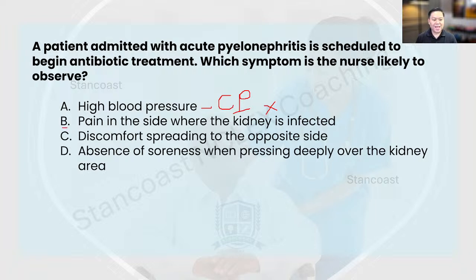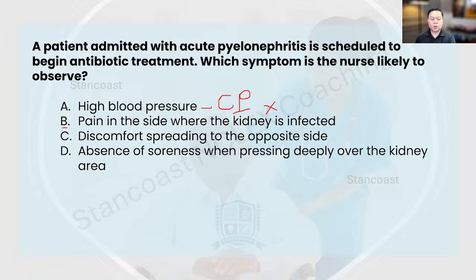What about letter B, pain in the side where the kidney is infected? Well, the pain of this patient, especially with the acute pyelonephritis, will not radiate to the unaffected side. Again, I said unilateral. If the infection is only involving one side, let's say the right, or could be just the left side, then the pain will be limited to that infected kidney only.